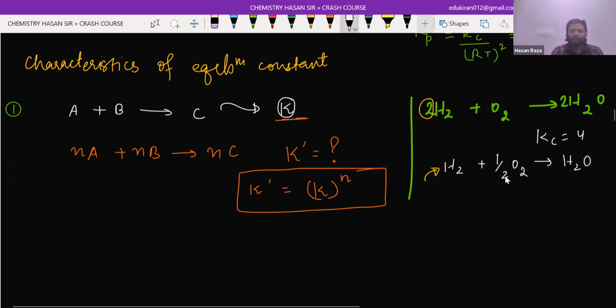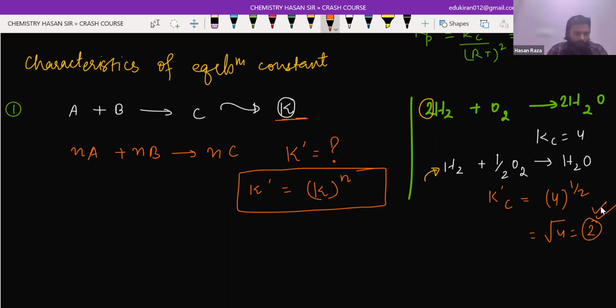That means the new equilibrium constant K dash c will be the previous equilibrium constant raised to the power of the number that is multiplied. Is that clear? Yes, sir. Okay.